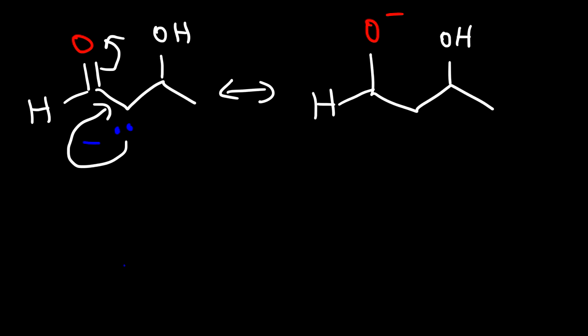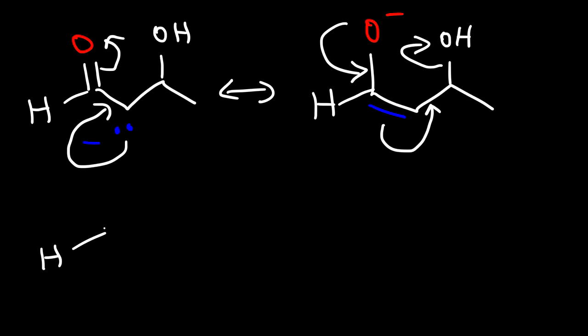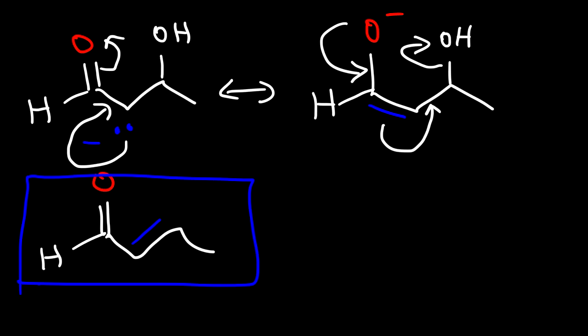And then from this step, you can expel the leaving group, the hydroxyl group. Either case, you still get the same product. So it really doesn't matter how you do it. The end result is still the same. So that's the mechanism for the aldol condensation reaction.